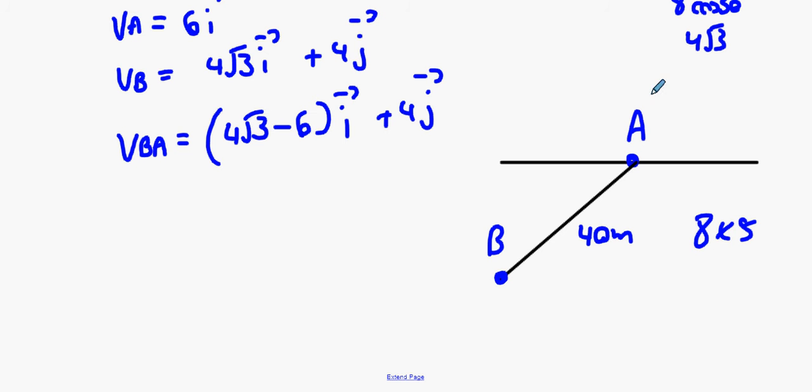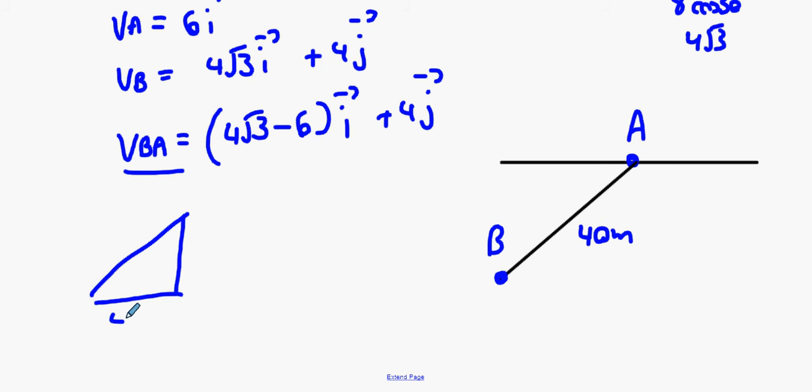Alright, hopefully. Now, here's what I'm thinking. I'm going to evaluate VBA just to tell you what I'm dealing with here before we make any rash decisions. So VBA, would everybody agree, it's 4 root 3 minus 6 across, and it's 4 going upwards.